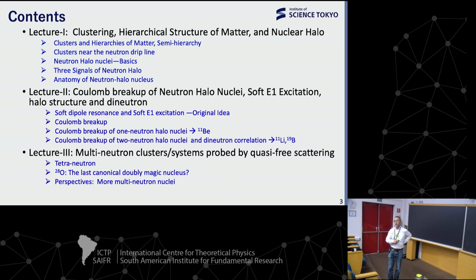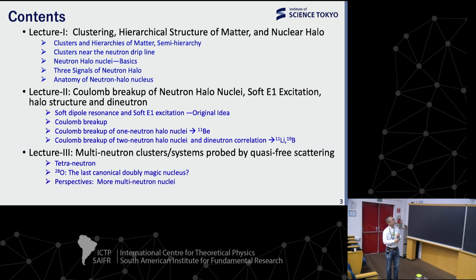Okay, so in this lecture, I have 3 parts. The first one is clustering, hierarchical structure, matter, and nuclear halo. And then second part, I would like to concentrate more on Coulomb breakup experiments of neutron halo nuclei, where we discuss soft E1 excitation, halo structure, and dineutron.